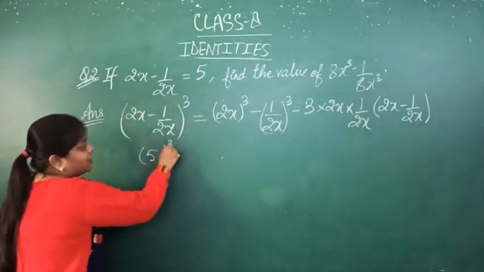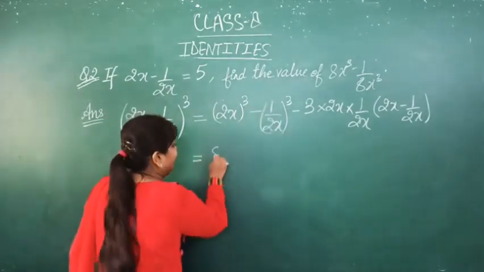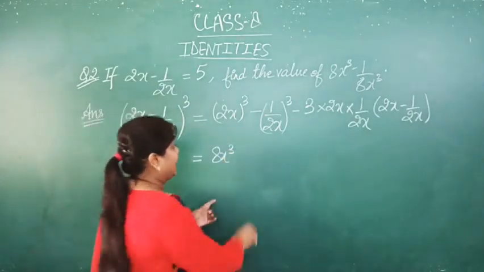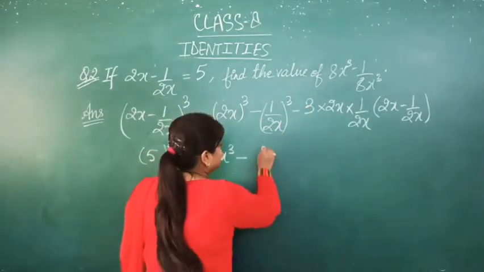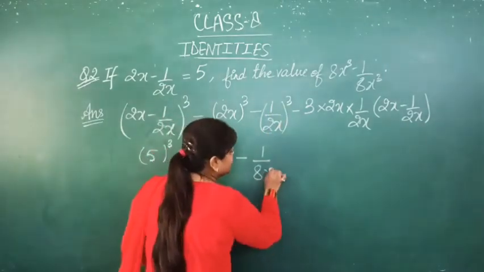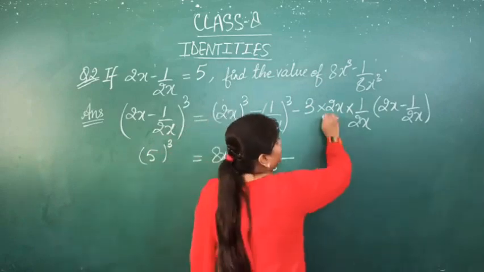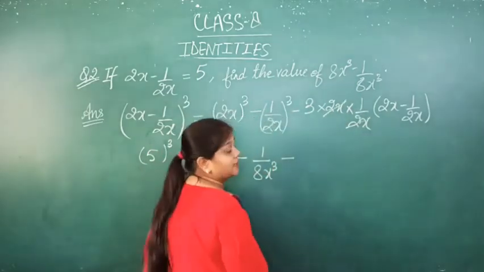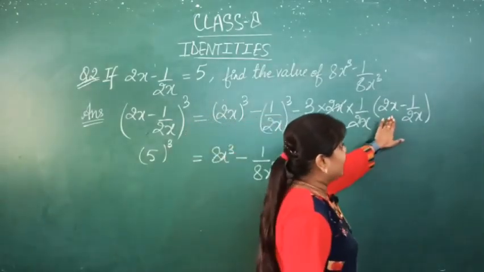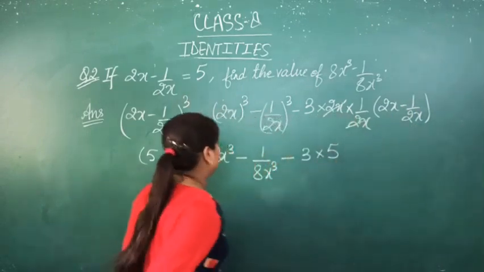So we'll get 5 cube is equal to 2 cube is 8 and x cube is x cube, minus 1 cube is 1, 2 cube is 8 and x cube is x cube, minus, here 2x and 2x will be cancelled. We'll get minus 3 into 2x minus 1 upon 2x is equal to 5.